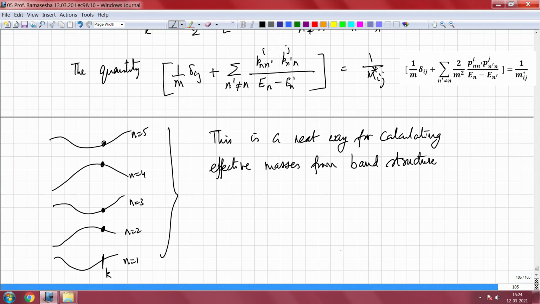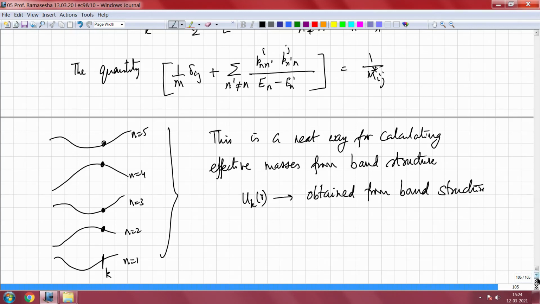The band structure basically gives me uk of r. uk r is obtained from band structure. So you compute the matrix elements of the momentum using uk of r and you construct these sums, then you will get the effective mass.